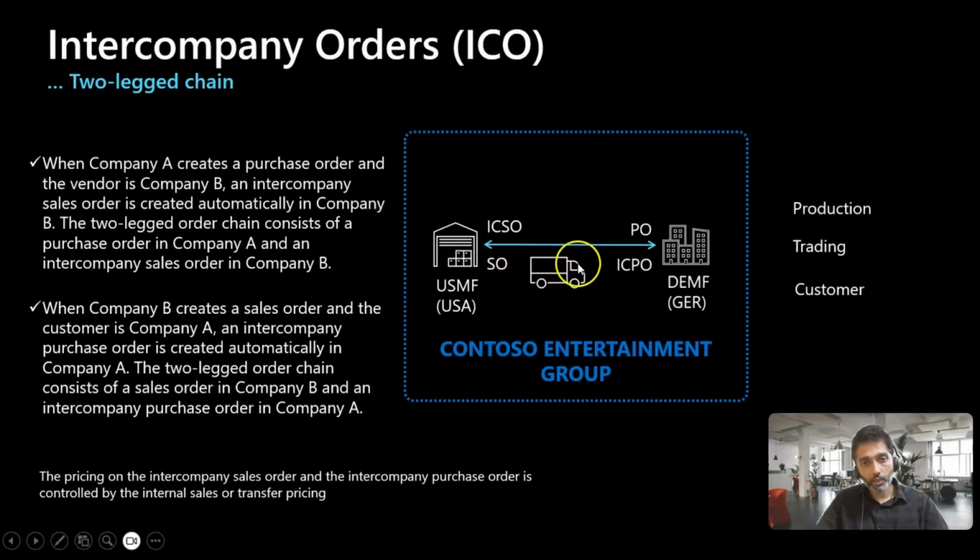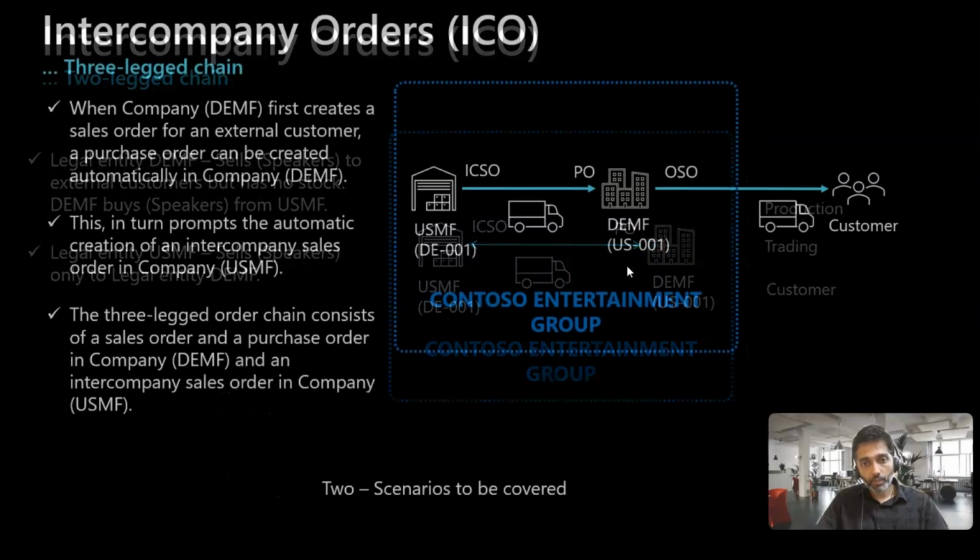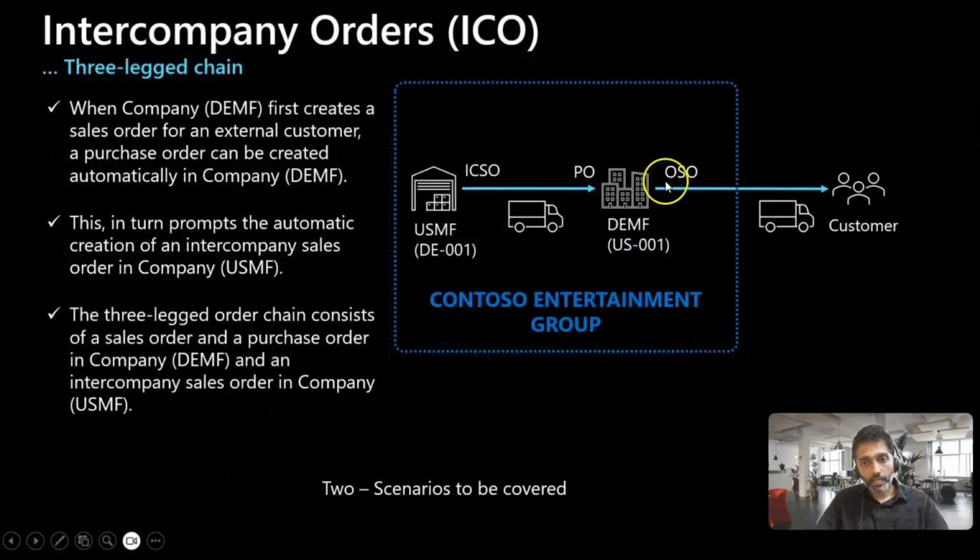So this is basically a two-legged chain. But in the three-legged chain, we create the original sales order using which we want to deliver the electronic speakers to the customers. When we create the original sales order, the system automatically creates the purchase order and the intercompany sales order in Dynamics 365. So this constitutes a three-legged chain.